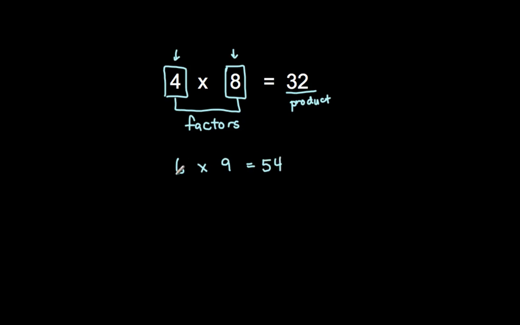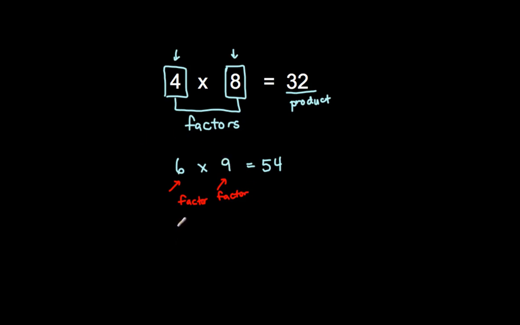We're saying that 6 is a factor and 9 is a factor, and they make a product of 54. Both 6 and 9 are factors.